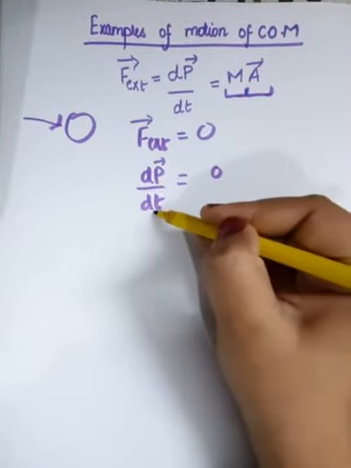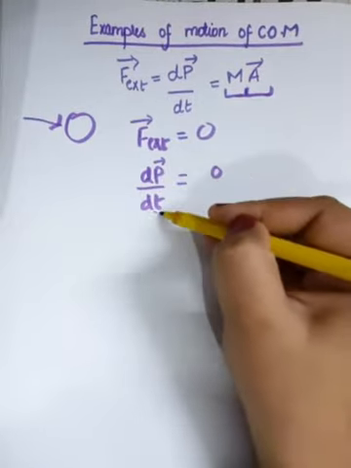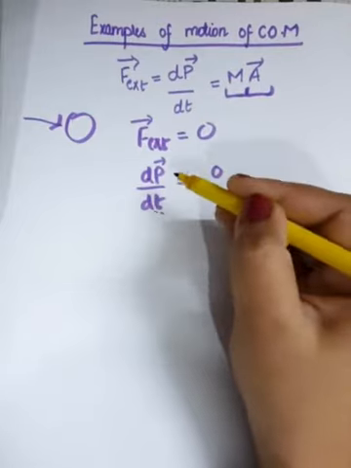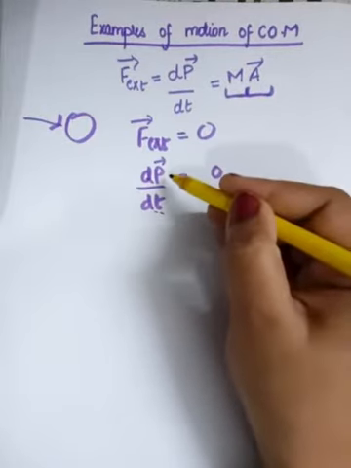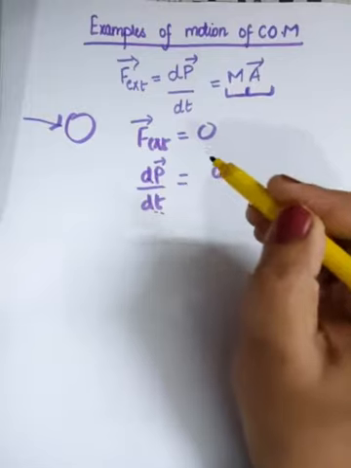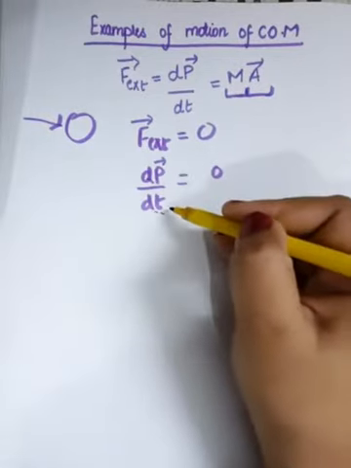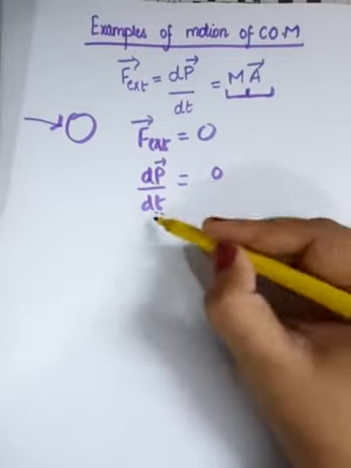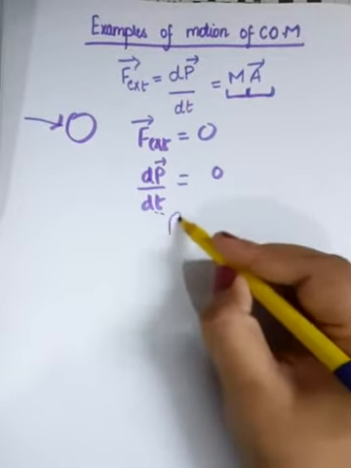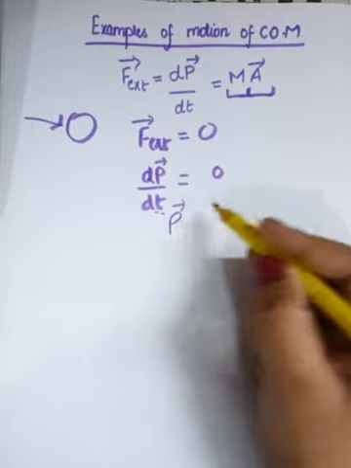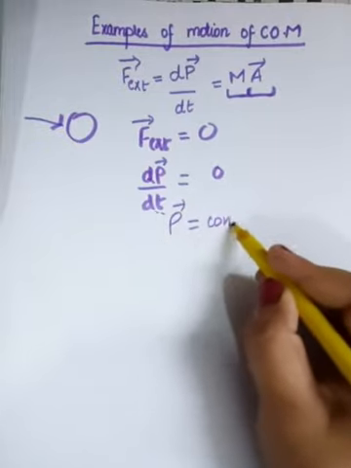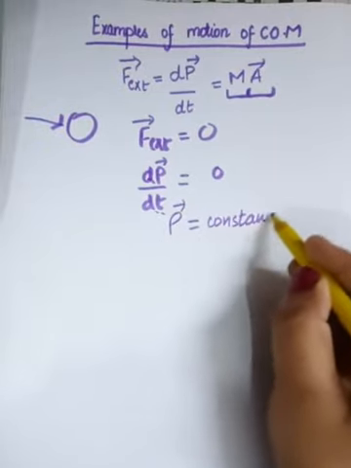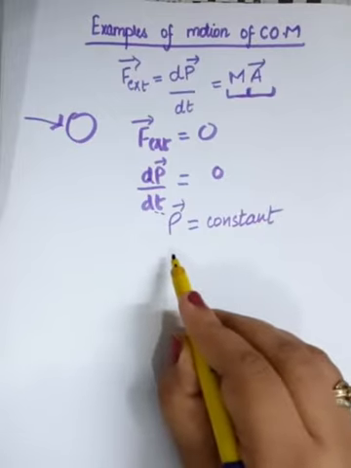But d by dt means change with respect to time. So this means change in linear momentum of center of mass with respect to time is equal to 0. If change is 0, this means P is not changing. This means P vector is constant, or you can say linear momentum is constant.